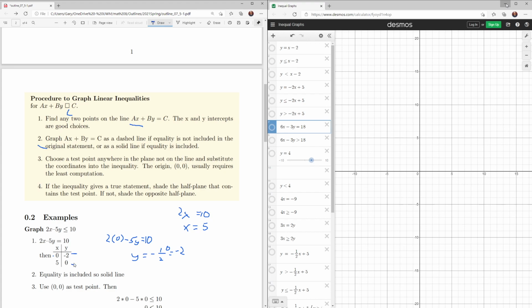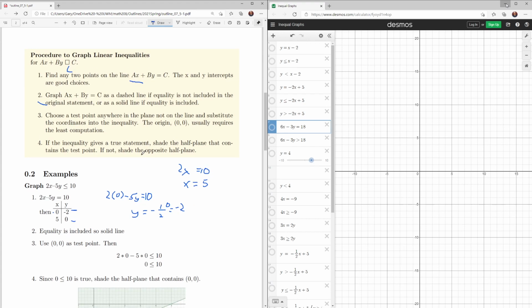So we put those 2 points onto our line. If we were to graph that, it would be 0, minus 2 and 5, 0. So we'd have something like this. Less than or equal to, so this is a solid line. Something along like that.